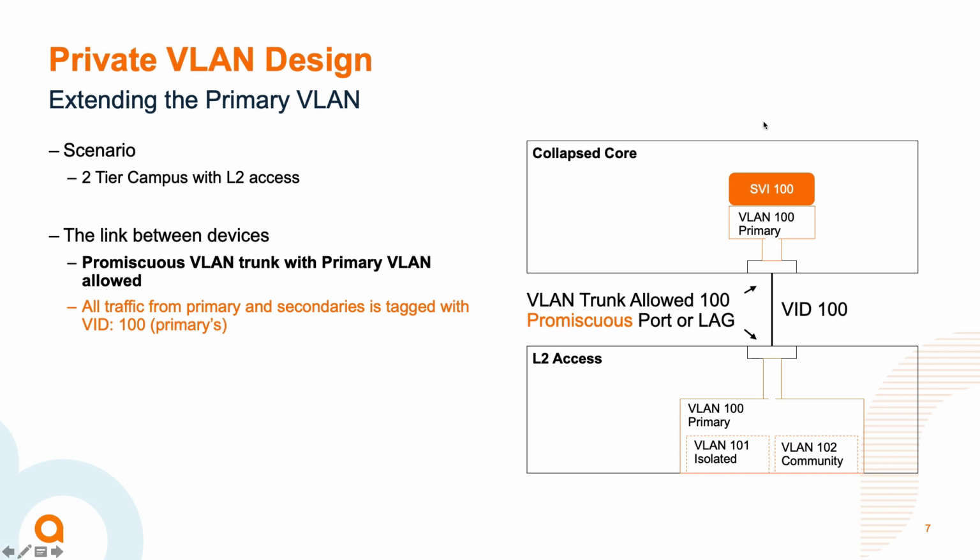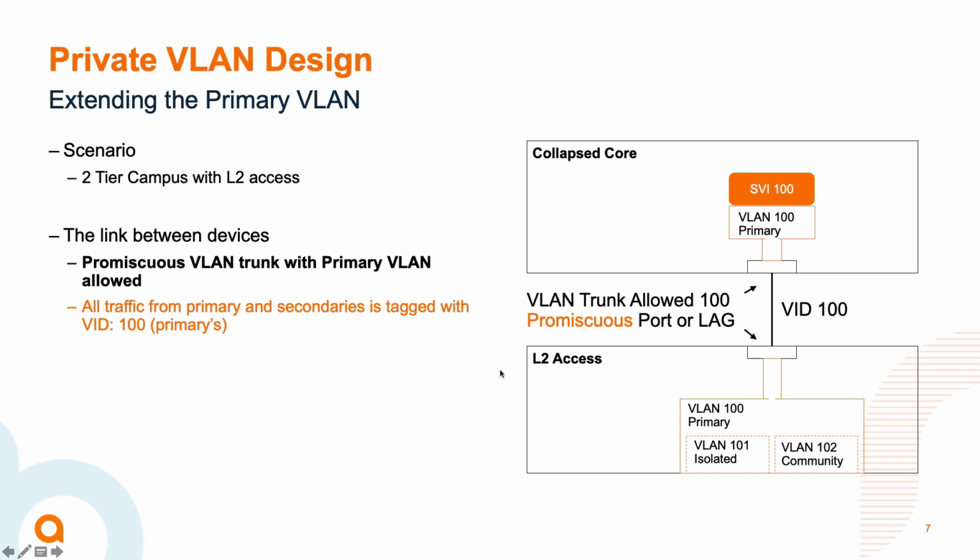And the same happens with a packet coming in through the top. It will be routed through the SVI into the VLAN 100 primary VLAN, and then depending on the destination when it reaches the layer 2 access switch, it will be retagged as VLAN 101 or VLAN 102 for internal processing, and then it will depend on the type of ports that we have down here if the packets will be tagged upon transmission or not.